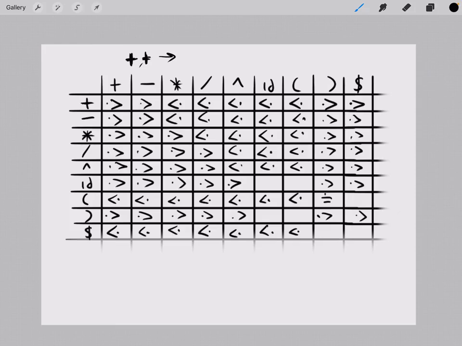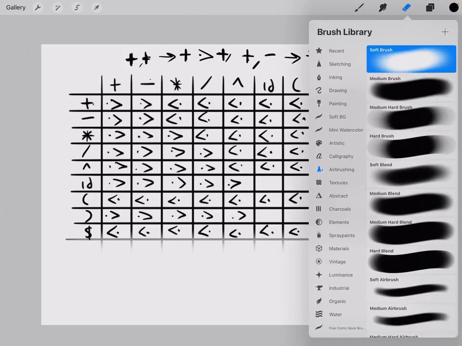Plus and plus is relating, and because it is left associative, regardless of their value, plus takes precedence over plus. Now, when plus and minus is relating, what do we have? We have plus taking precedence over minus, and so on and so forth like that.